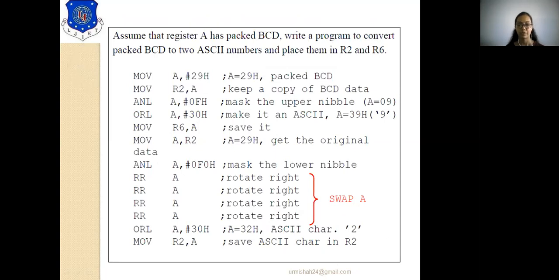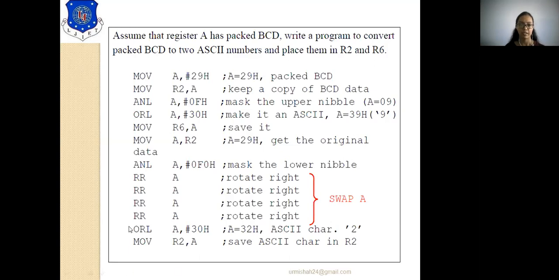A program has been given to you for converting BCD to ASCII. Using logical, arithmetic and rotate operations, you can perform this conversion. Today's task is to solve this program and analyze how BCD to ASCII is being converted, and you will let me know if you have any doubts related to this program.